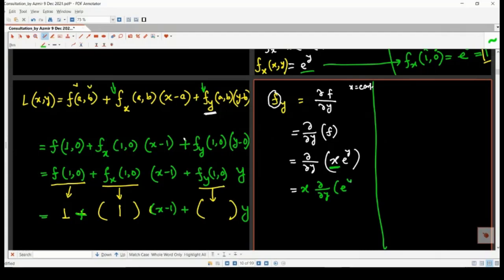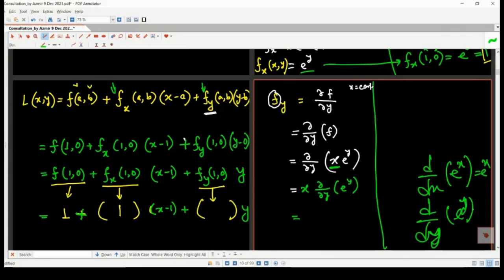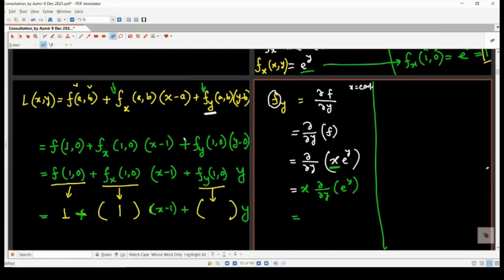We have just e power y. You know that d dx of e power x is e power x. Similarly, d dy of e power y, if the variables are the same, you will get the same thing. Derivative of e power y will be e power y.